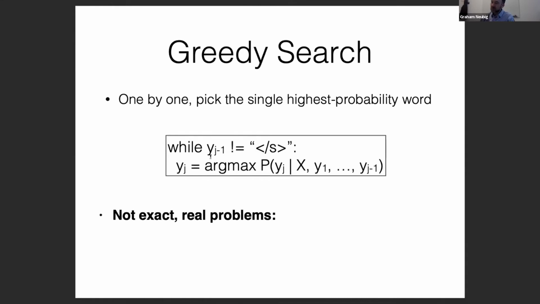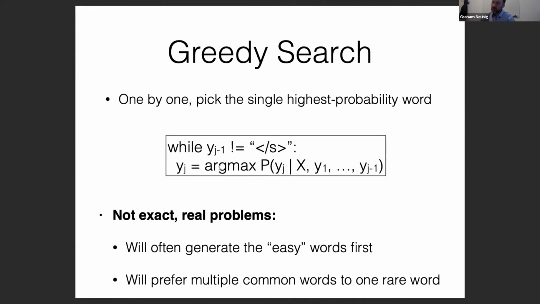Unfortunately, this is also not exact, and it causes real problems. So for example, regardless of what the syntax should look like, it might try to generate the easier words in the sentence first, because the easier words will have higher probabilities. So this greedy argmax will try to choose those words first.